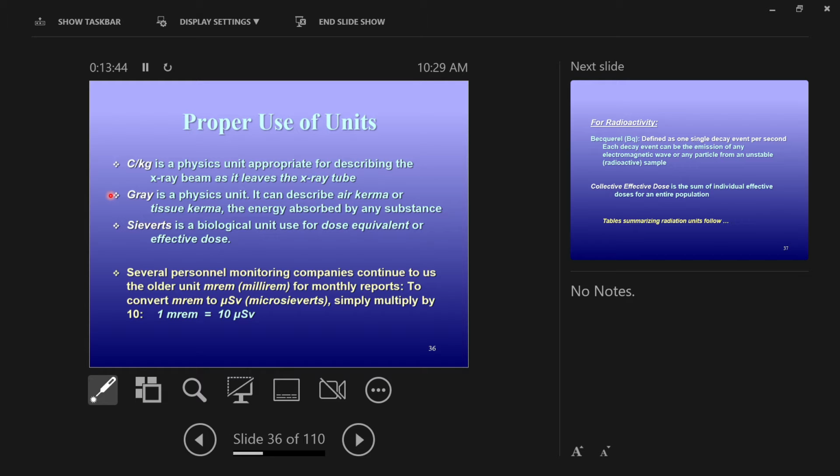As I said earlier, you are no different than the air in the room at the atomic level, right? You are solids, liquids, and gases. The air is a gas, okay? But you're all made of atoms. So we can just talk about how much energy is deposited into your atoms versus the atoms in the air. And we can talk about that all using the unit of the gray.